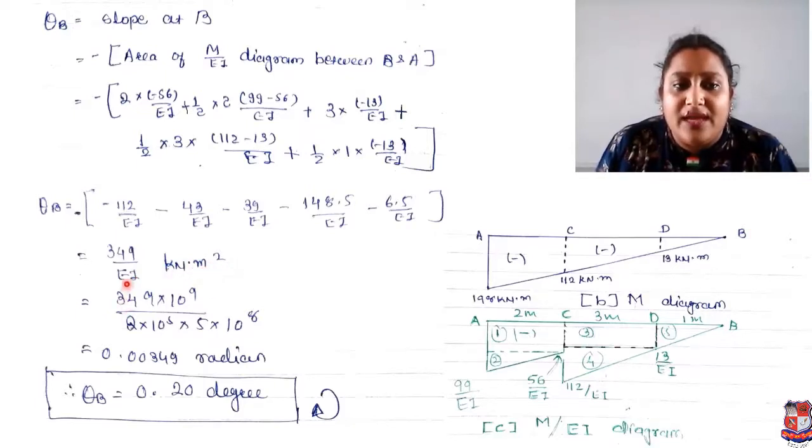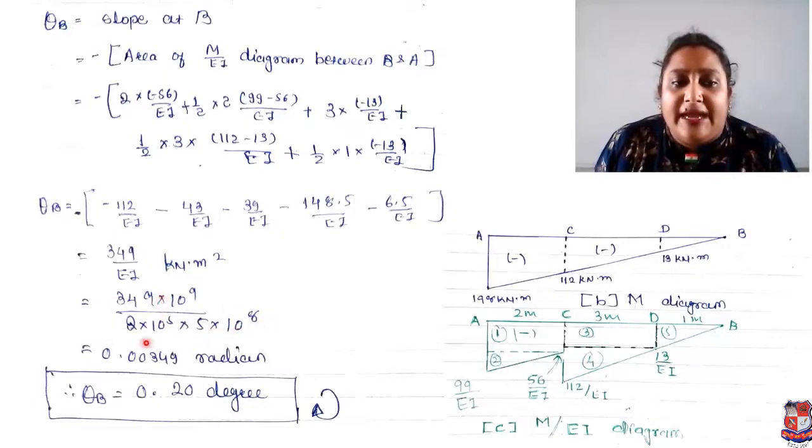Again, the E and I values are given. We considered the EI value over here in kilonewton meter square, and converted everything into Newton and mm form. So this is 349 into 10 raised to 9 divided by 2 into 10 raised to 5 into 5 into 10 raised to 8.